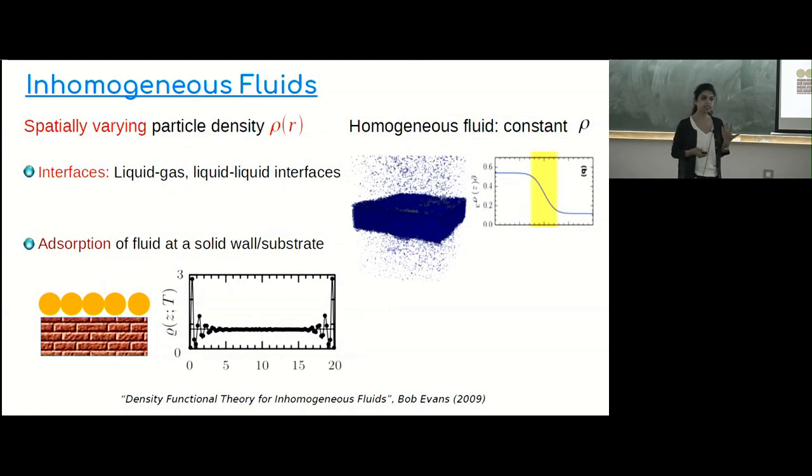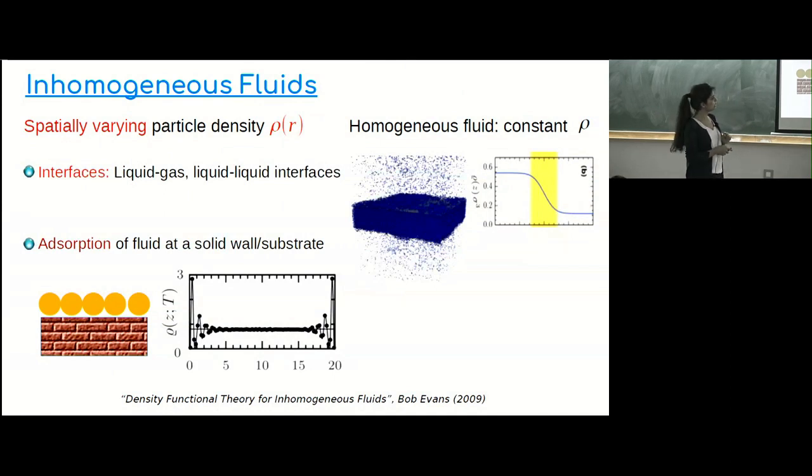Now, typical examples include interfaces, for example, the liquid-gas interface in case of a single component fluid, or say a liquid-liquid interface in case of a binary liquid mixture. In both types of examples, the translational symmetry of the system gets broken.